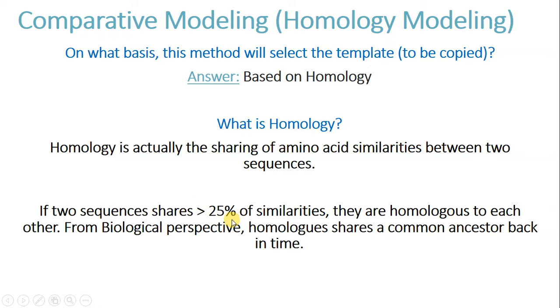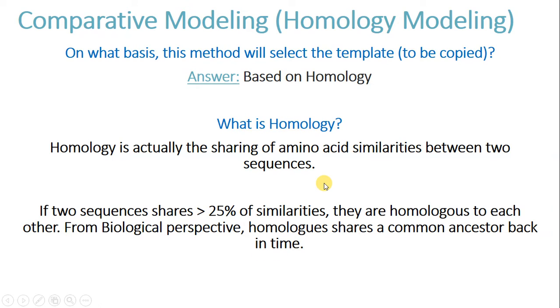So if those similarities are greater than 25%, we will call them homologs, or homologous to each other. Explaining the similarity point from the biological perspective, homologs share a common ancestor back in time.